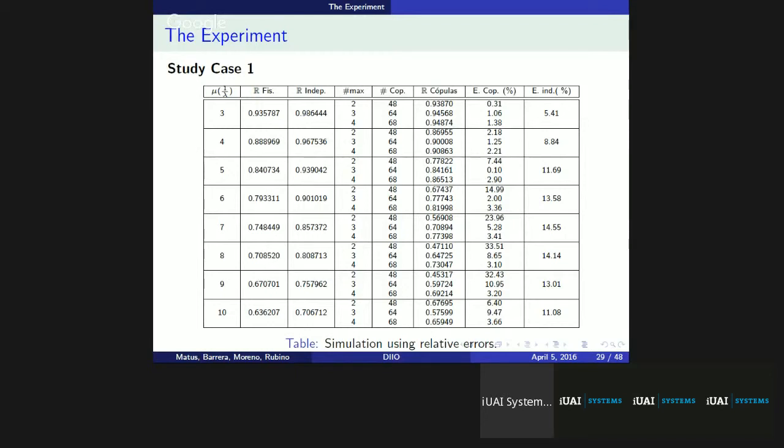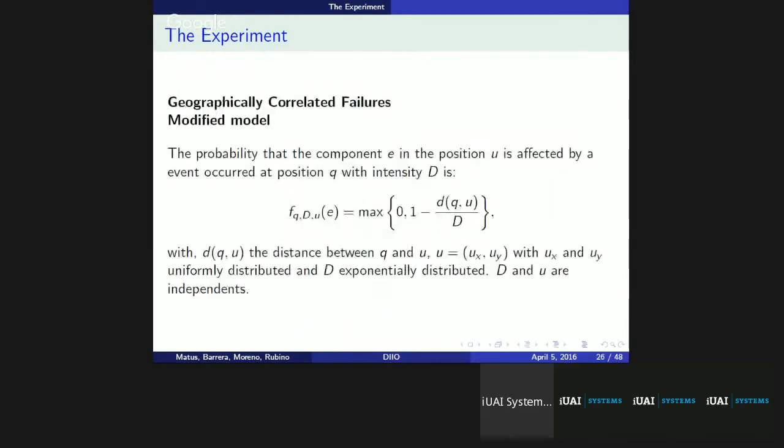Can you explain again what is the first column? The first column is the magnitude of the intensity of the earthquake. How does it translate to failure? Using that model, here the D is exponentially distributed like the earthquakes. Okay, and what is the physical model?